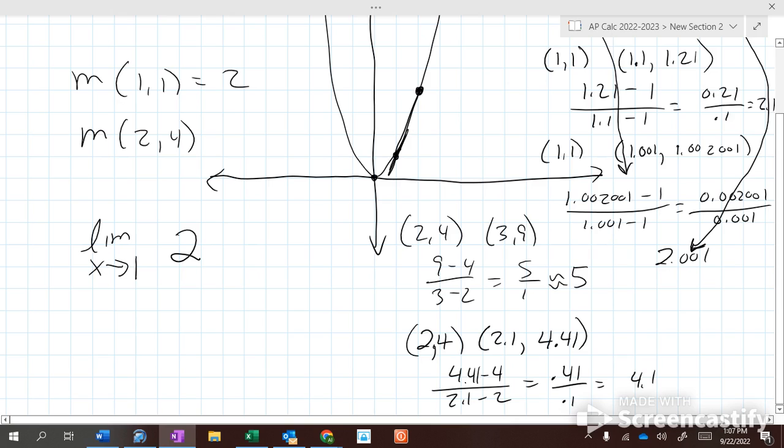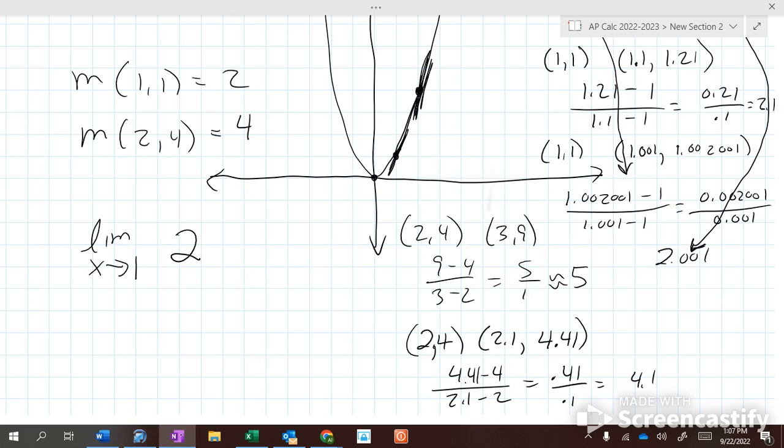What do you think it's going to on this? It went from 5 to 4.1. If we go down the same amount again, we'll be down to 4.01, so it's going to 4. So the slope at this point is 4. The slope at (3, 9) is even greater than that.